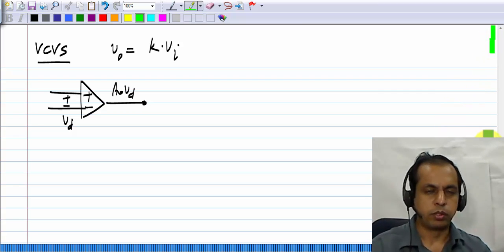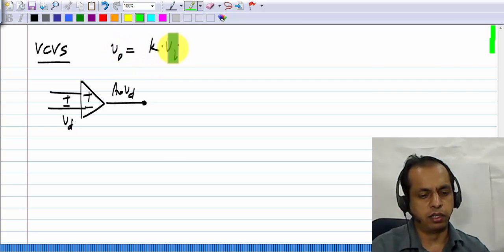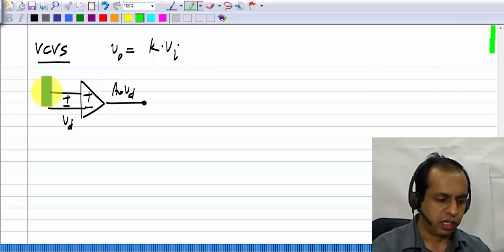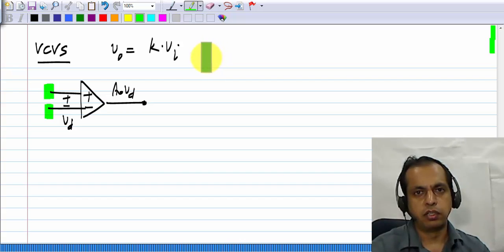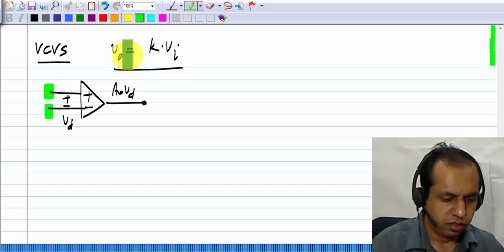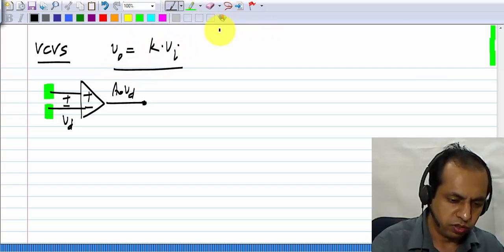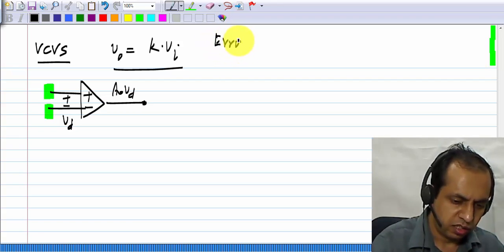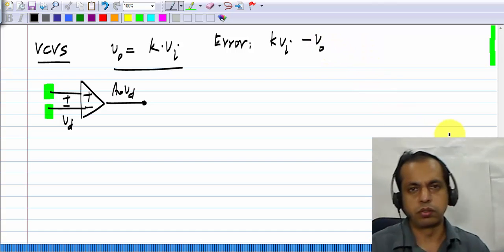So what we have to do is define some error between desired and actual quantities and feed it to the input of the op-amp in the correct sense, such that the output is driven to the desired value. So what is the error? The desired quantity is K times Vi, and the actual quantity is V naught. So we can define the error presumably as kVi minus V naught.